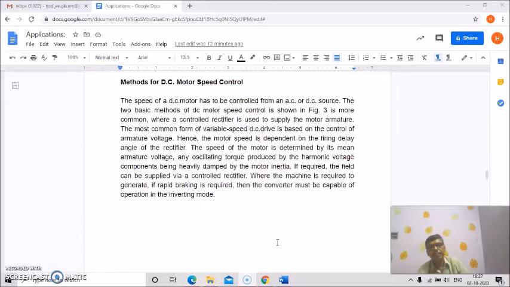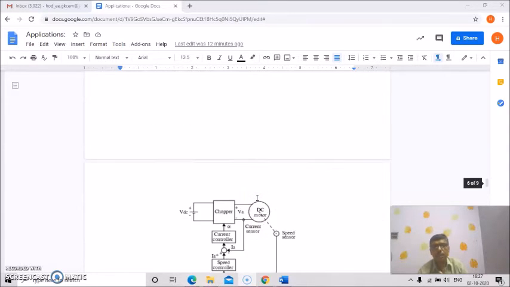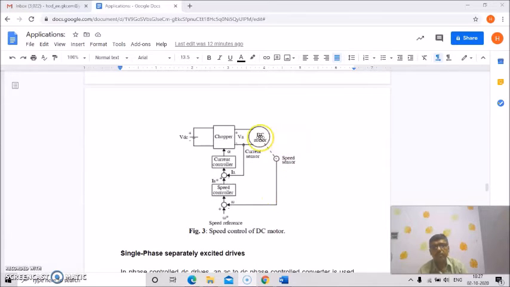So this is basically the methods of DC motor speed control, and this is the diagram. Basically this is the DC motor, and this is the DC voltage. So basically this is a chopper, a DC converter.